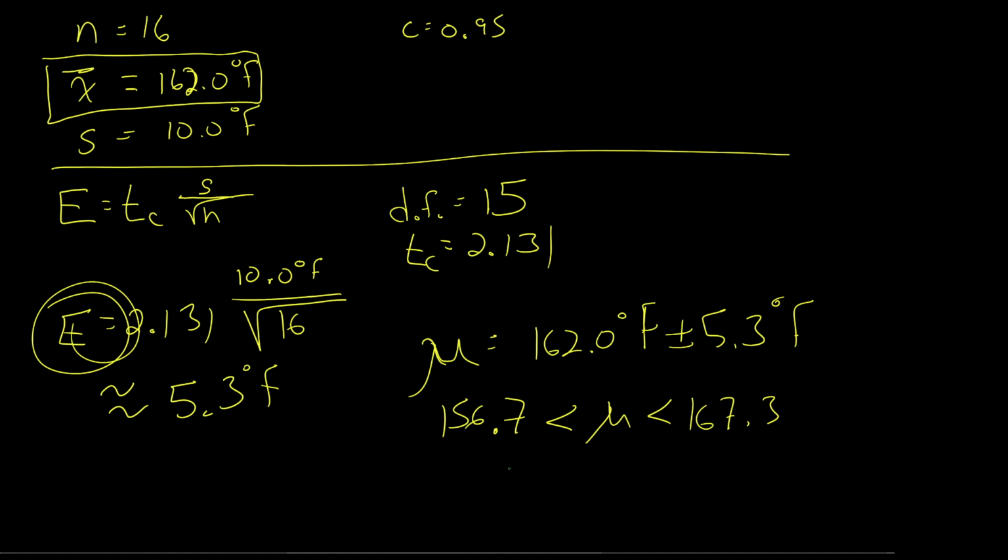Notice nothing is different from what we did before. There's nothing new here except these two things. We have to use a different table, a different critical value, and we have to use the sample standard deviation.